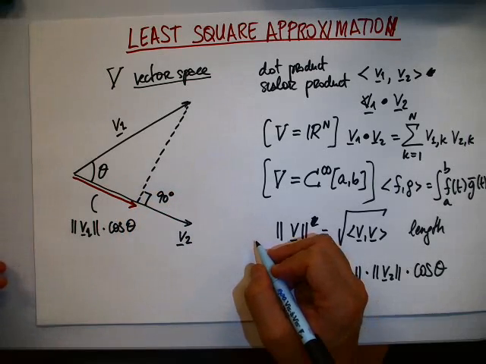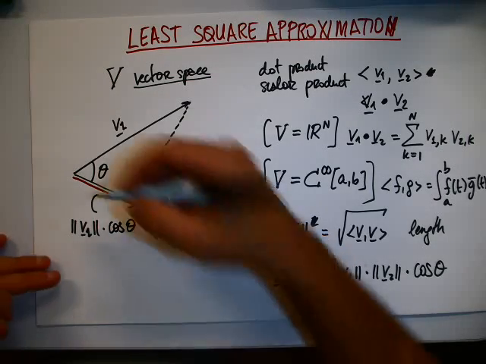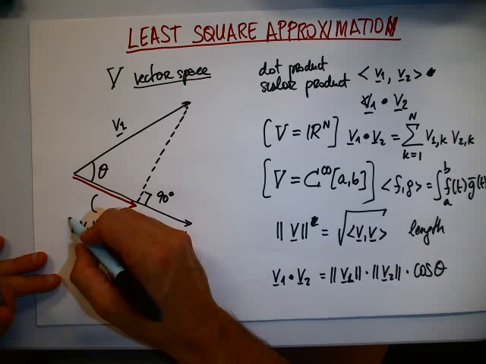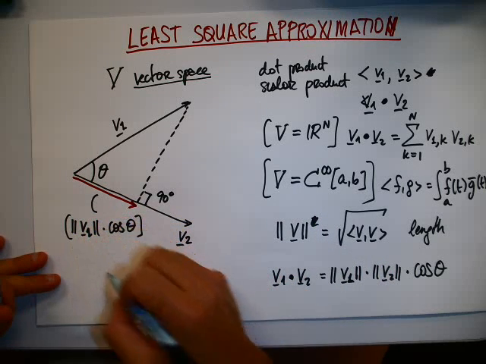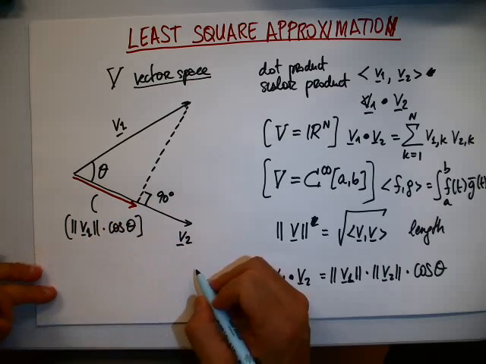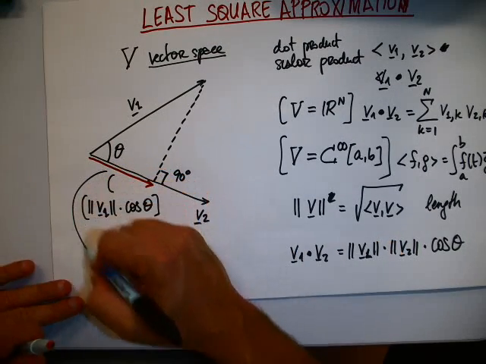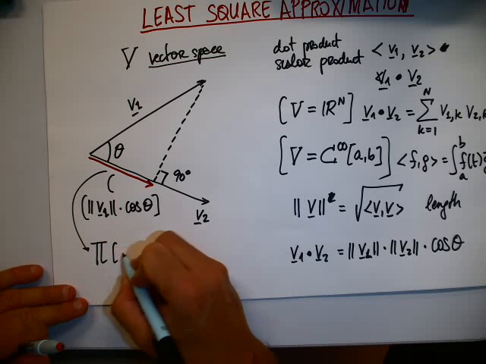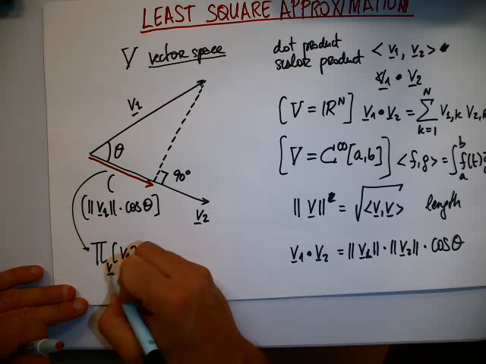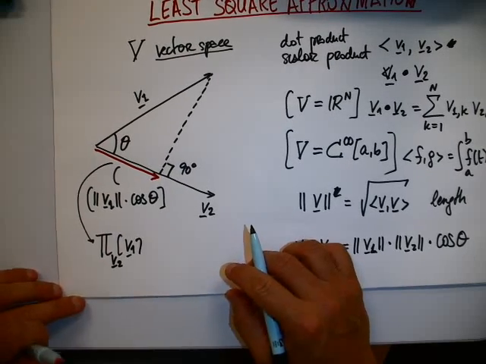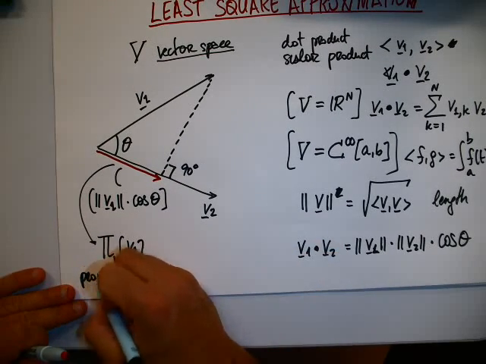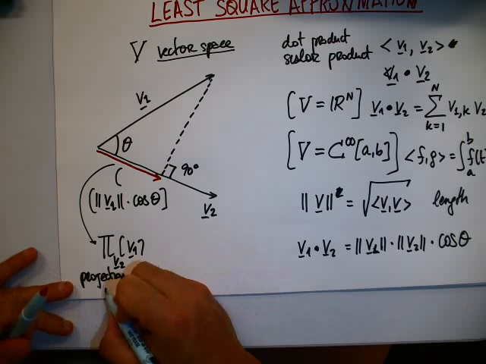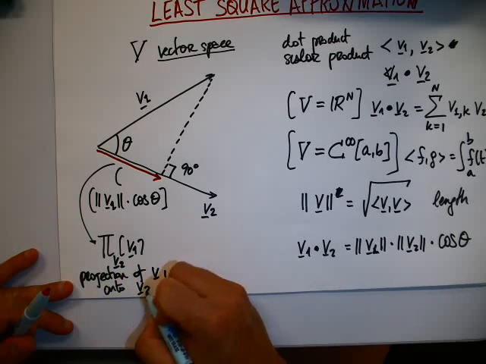Okay? And of course, now this is a vector, right? And this is just the amplitude. Indeed, this vector, we're going to call it projection of V1 onto V2.